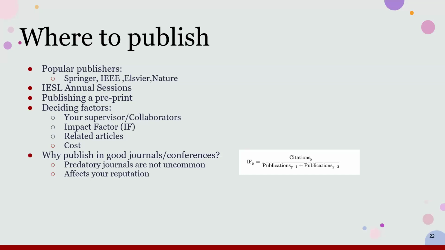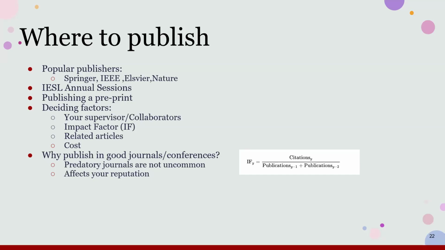Why should we bother about publishing in good journals or conferences? Because predatory journals are not uncommon. There are a lot of predatory journals and predatory conferences, which claim to give you instant publications and a high-speed peer review process. They will say that we will publish your work in around 2-3 weeks, and likewise, and they will sometimes ask us to pay a higher cost for that publication.